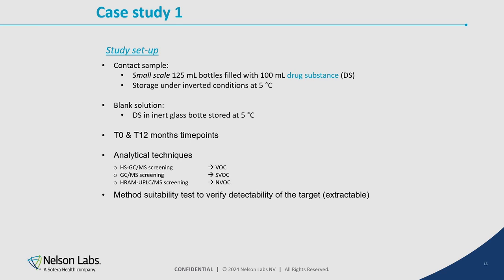And then on top of that, which is quite standard, we include a method suitability test in our leachable study. That means that we want to prove that we can detect our target compounds that we have seen in the extractable study in the environment of, in this case, our drug substance with our analytical techniques at a relevant level, which is typically based on the AET.